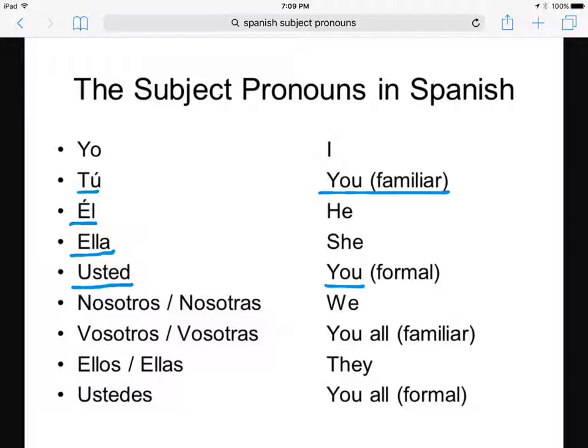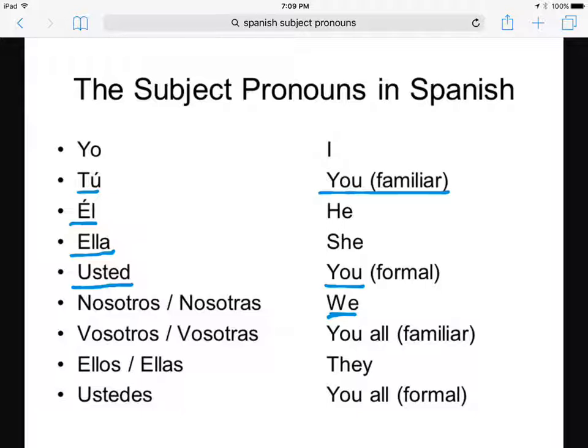Okay, now we, in English, we have one we, but in Spanish you, of course, have two we's. Two we's, that sounds funny. Okay. Now, the first we is, let's say that you're a girl and you're hanging out with maybe your three friends that are guys. And you want to say, we are reading a book, okay?